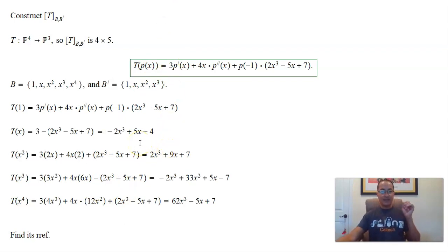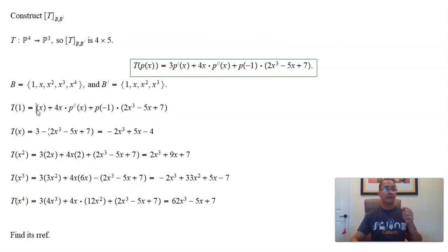Okay, now, save the best for last. Deep breath. The polynomial is the constant monomial 1. The answer is always 1. When you take the derivative, it's constant, so that's 0.